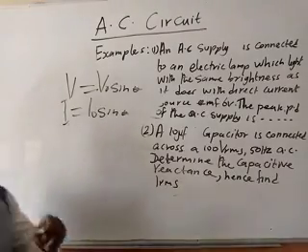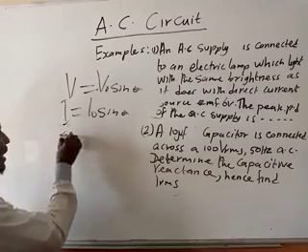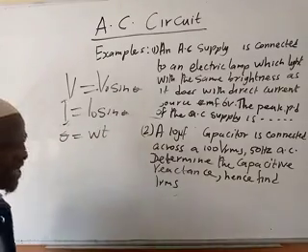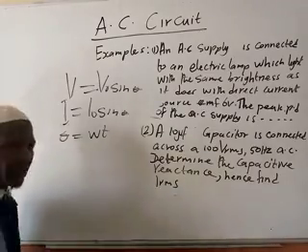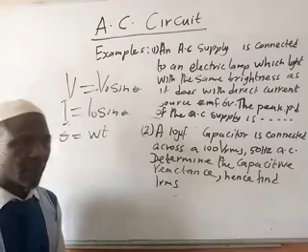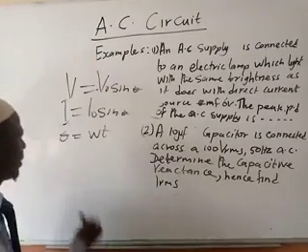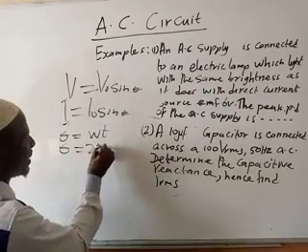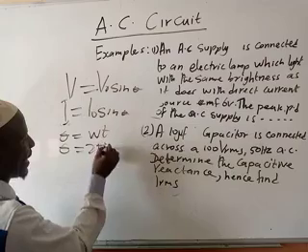And don't forget, what is our theta? Our theta is equal to omega t, where omega is 2 pi f. We've done that under simple harmonic motion. Therefore, we can replace this theta with 2 pi f t.